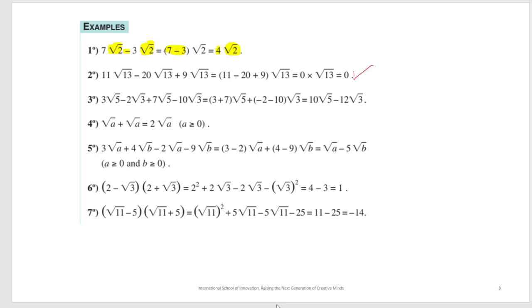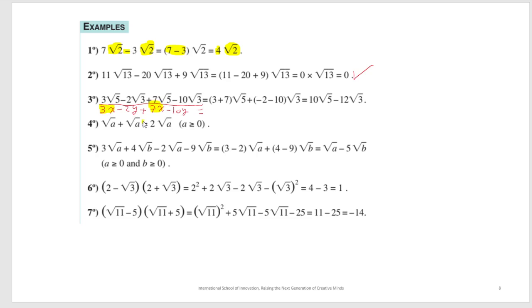Okay, so I'll continue with the next one. 3 radical 5 minus 2 radical 3 plus 7 radical 5 minus 10 radical 3. Look at this. This one is the same as saying 3x minus 2y plus 7x minus 10y. So you will suppose that radical 5 is x and radical 3 is y. So if I ask you now to simplify this, you will say that 3x and 7x are like terms.